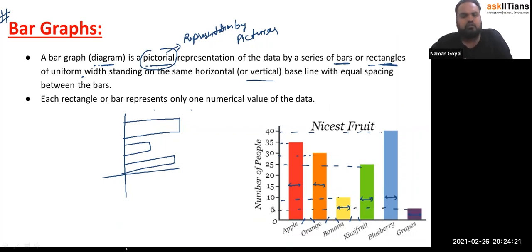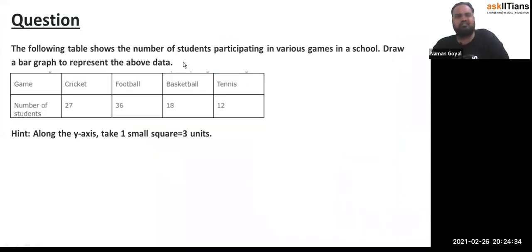So this type of data is represented by what? Bar graph. So this is known as a bar graph. Have you all got my point? Now next, we have to draw a bar graph of this particular question. First of all, we have to draw the x-axis and y-axis, right?